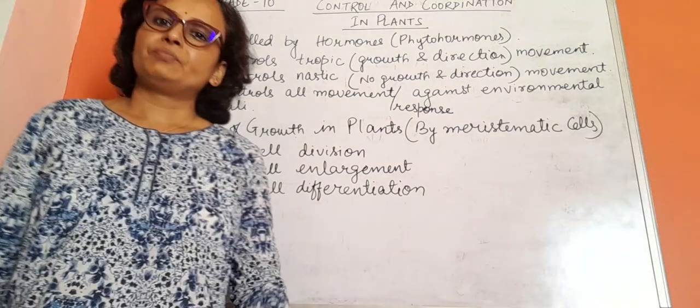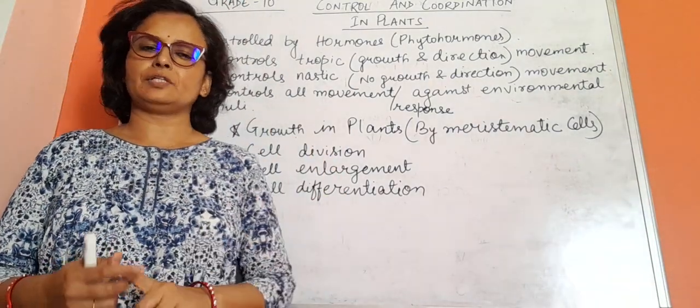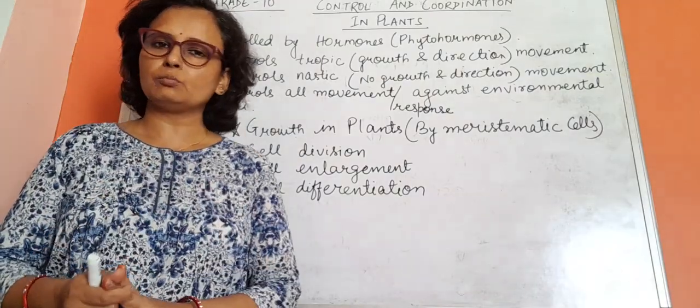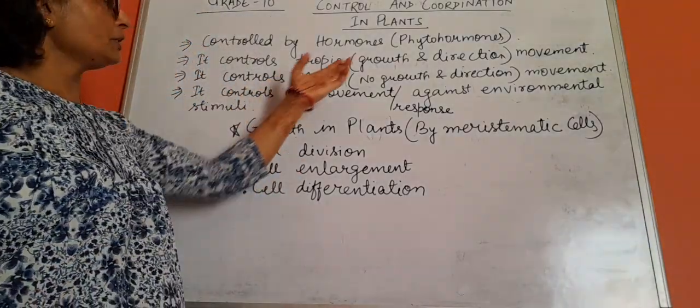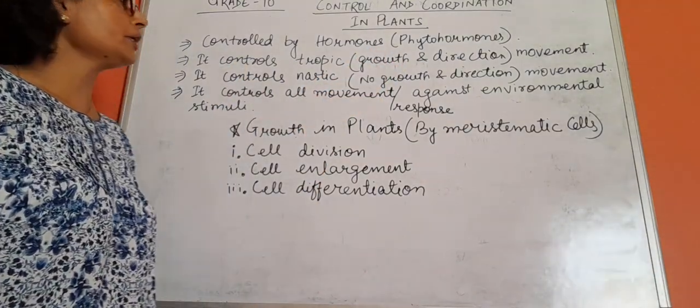So yes, there is something which controls all the different kinds of movement in a plant, whether it is tropic movement or nastic movement. Tropic movement means growth and directional movement, and nastic movement means no growth and no direction.